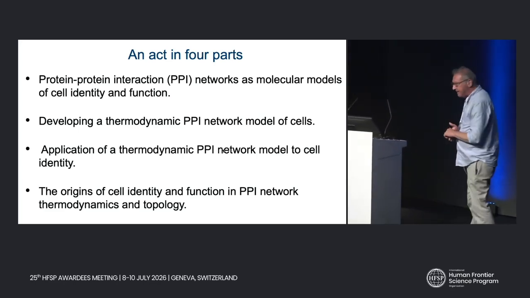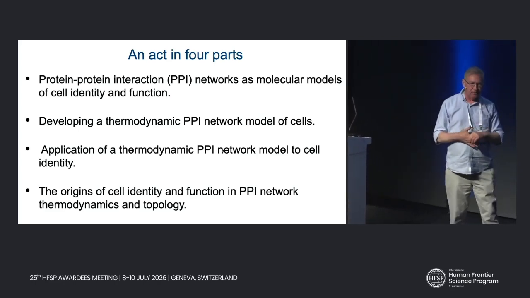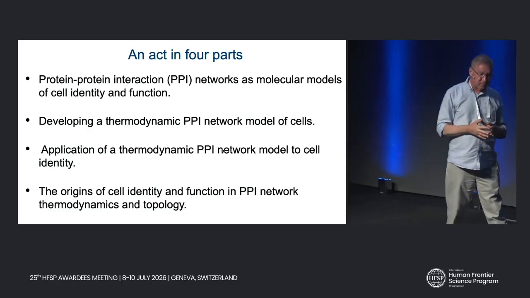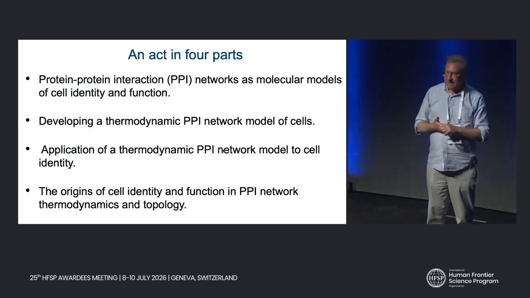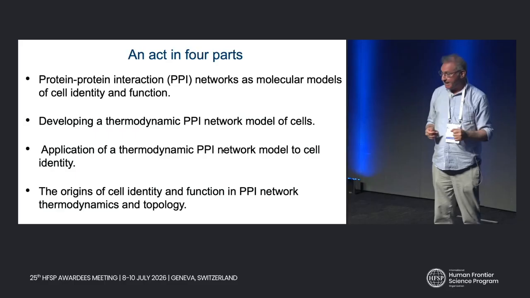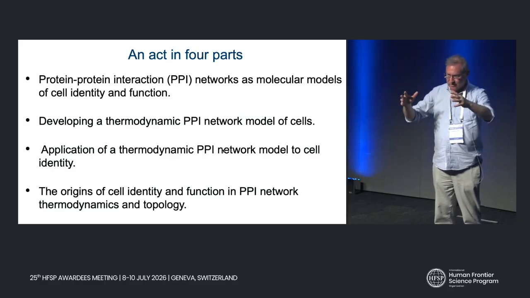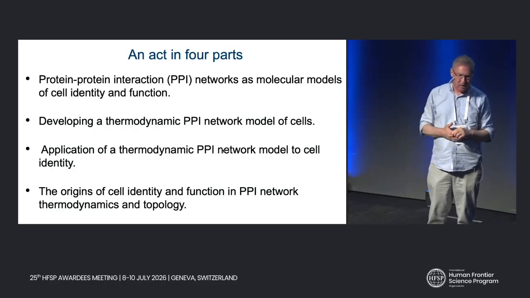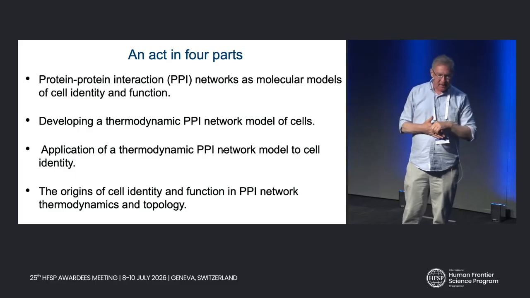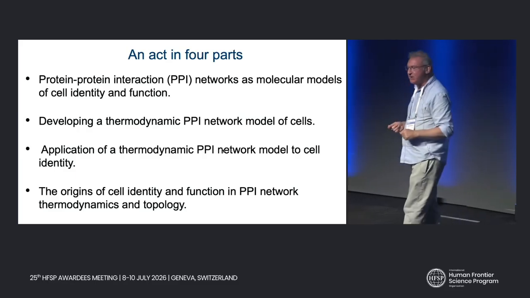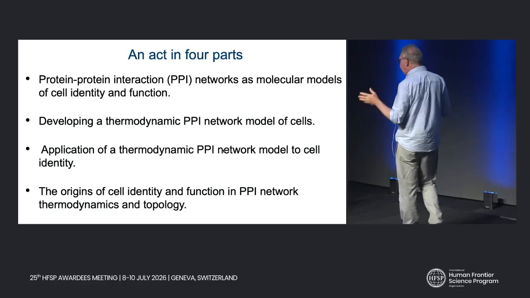And then secondly, I'm going to explain a rather remarkable way that we can develop a thermodynamic model of PPI networks, not simply topology, but actually the thermodynamic information that goes into that topology. And then I'm going to give you a couple of applications of this to an actual problem of cell identity.